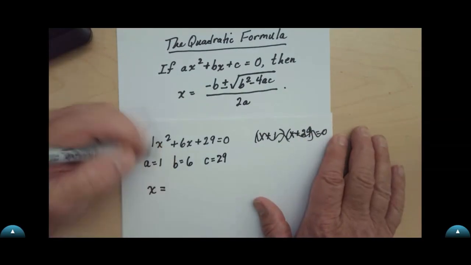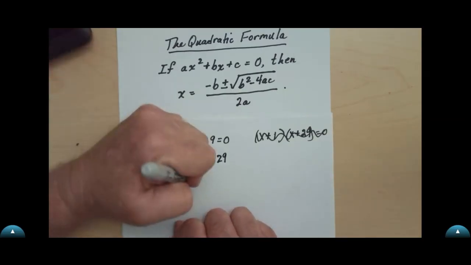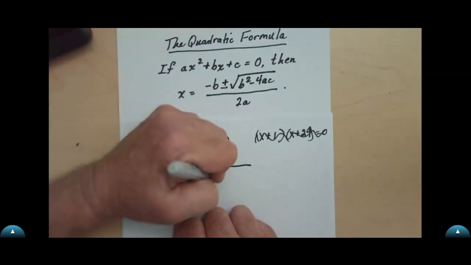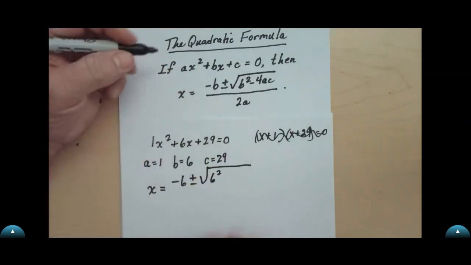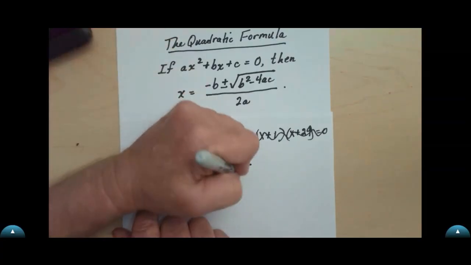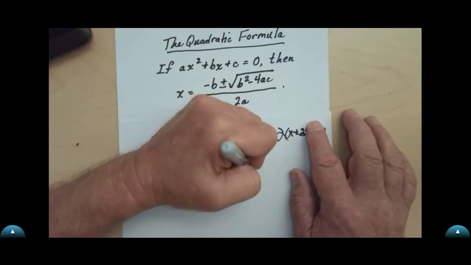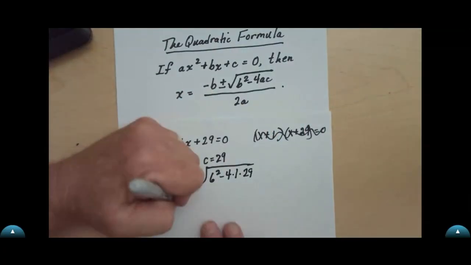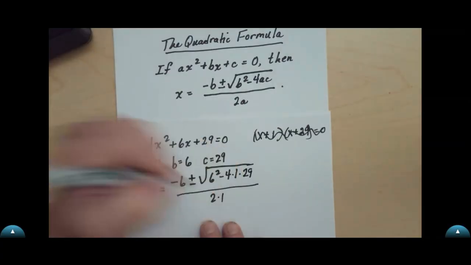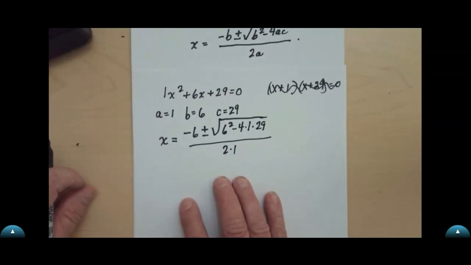So x equals negative b, that's going to be negative 6, plus or minus the square root of b squared, that's going to be 6 squared, minus 4 times a, which is 1, times c, which is 29, and that is all over 2 times a, which is just 2 times 1. So there's what it looks like once we've just plugged everything in.